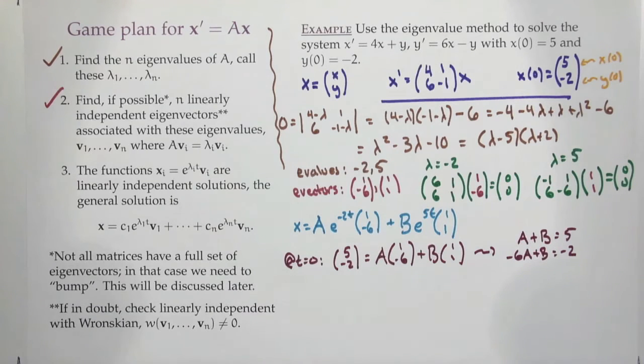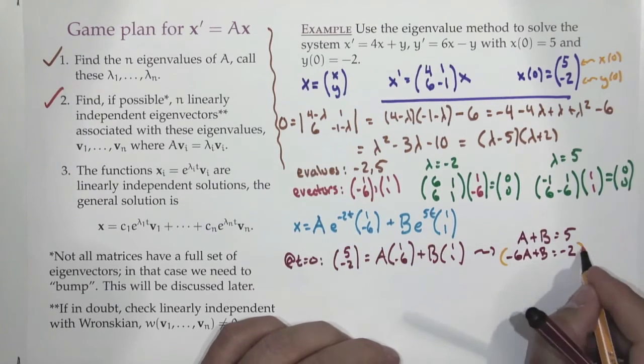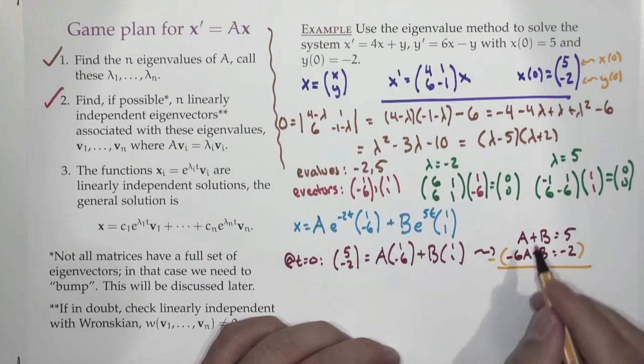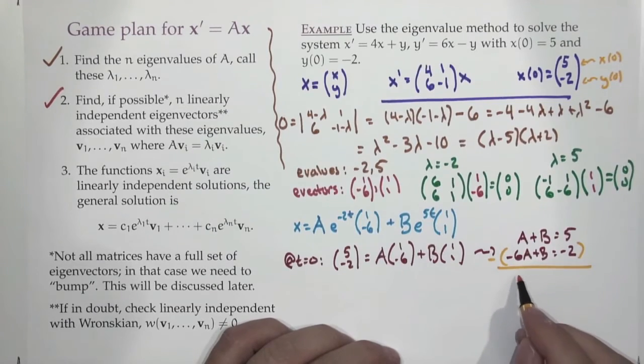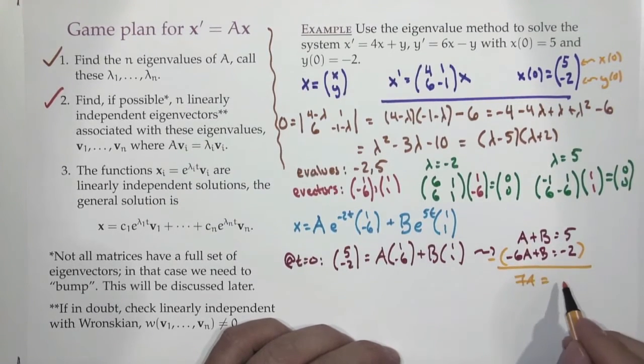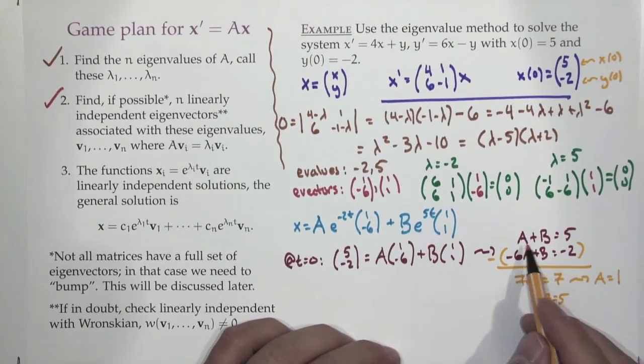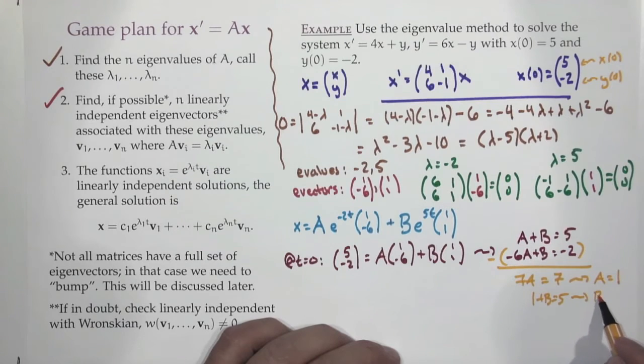Yeah, there's lots of things. You know, we could do a subtraction. What comes out? 7a equals 7. So what does it say about a? A equals 1. 1 plus b equals 5, because I'm putting in a equals 1. What does that say about b?